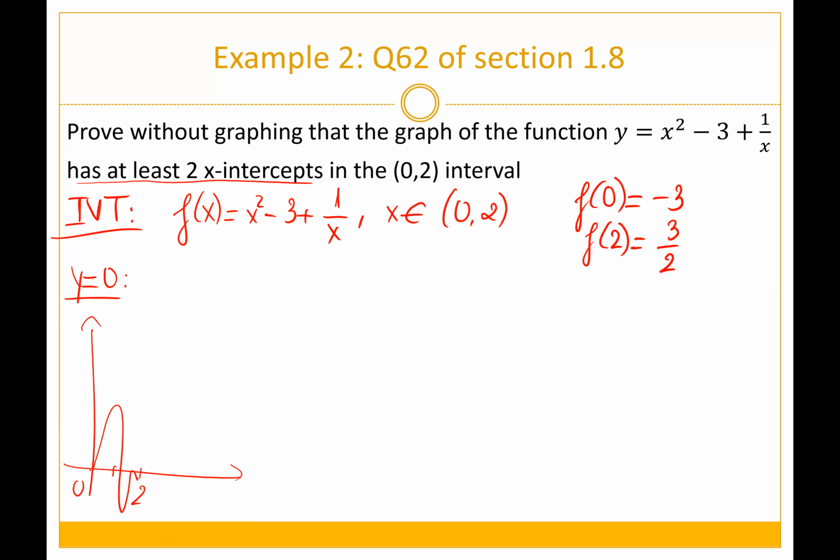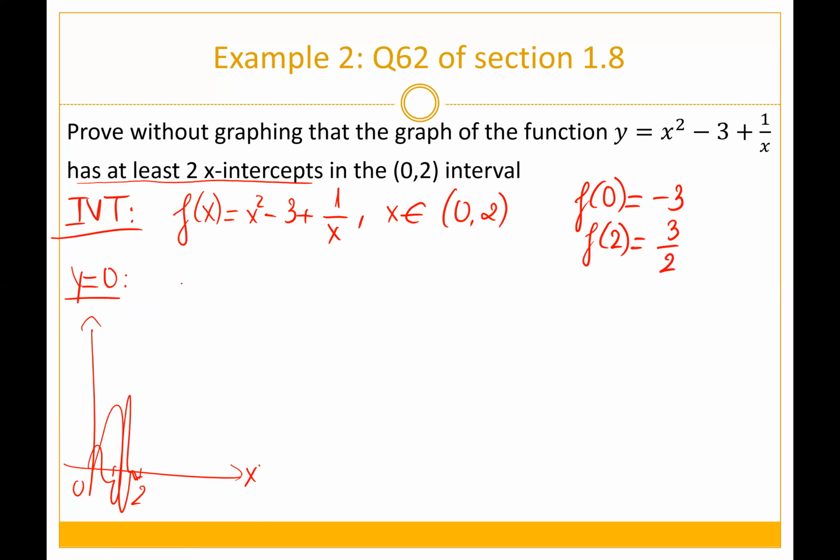Say your function has this kind of graph, I don't know, it's continuous. The line y equals 0, which is the x-axis, crosses your function at least twice. So this is how we're going to do it.